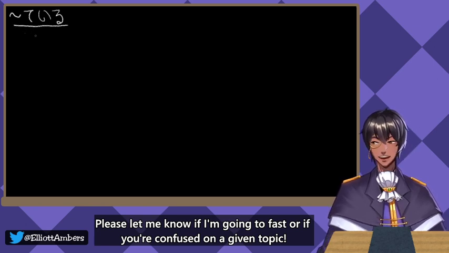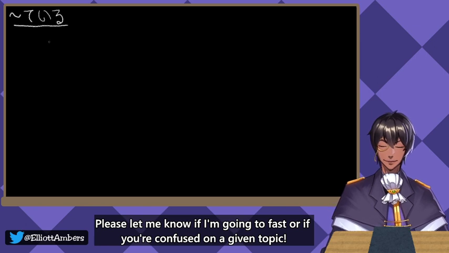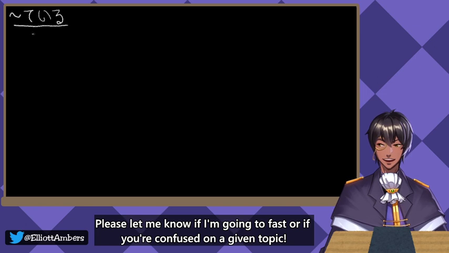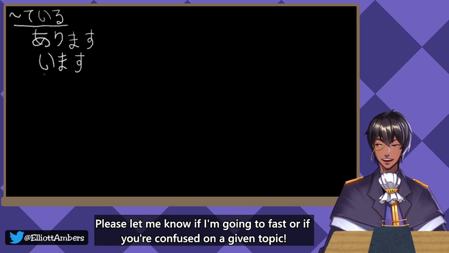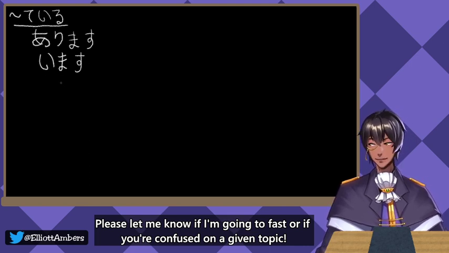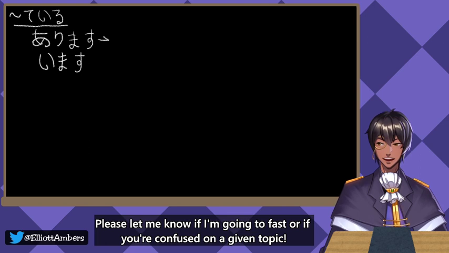In the past, as you know, a couple of lessons ago, we talked about the following verbs: arimasu and imasu. And if you realize, arimasu and imasu, the root form, the dictionary form of these verbs are actually aru and iru.